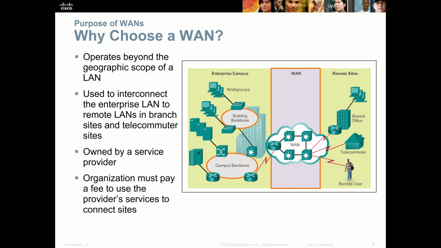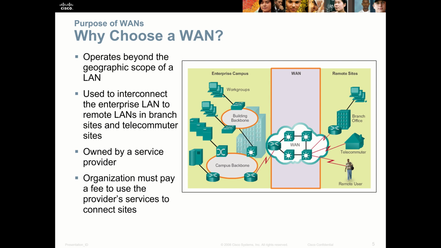But when the network operates beyond the geographical scope of the local area network, beyond your organization, for example, if you would like to send a packet to a remote site, now the network operates using wide area network technologies.